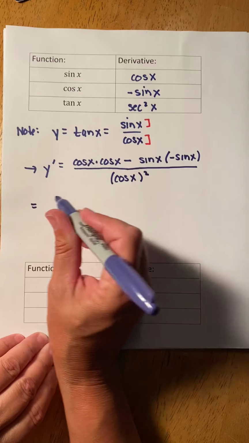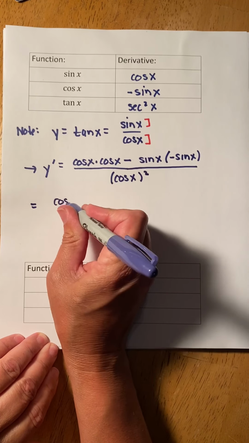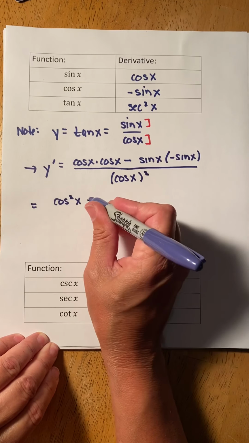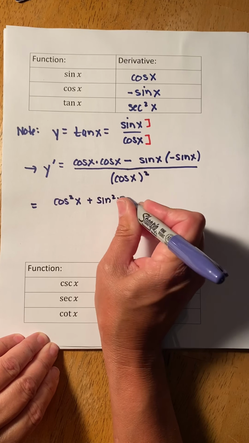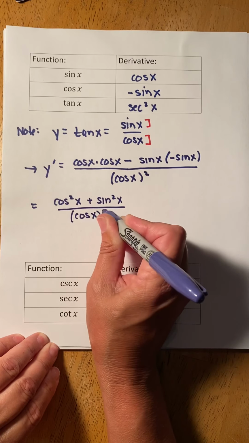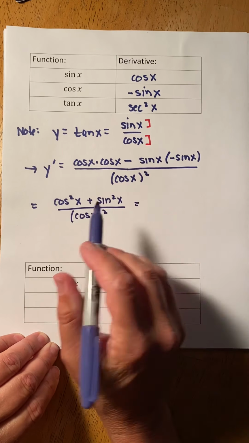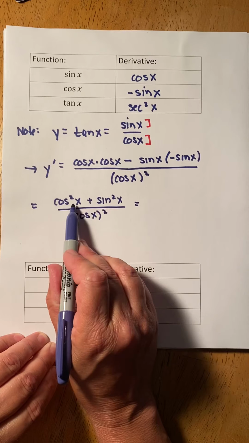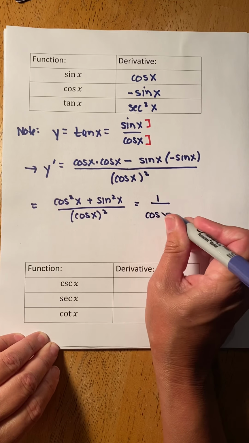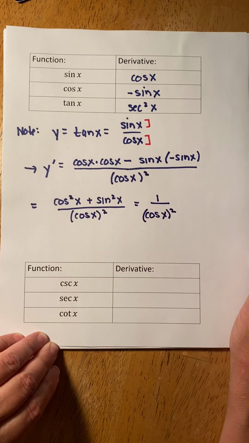All right, well, let's clean this up. Cosine times cosine is cosine squared, minus sine times negative sine will be plus sine squared, all over cosine of x squared. But cosine squared plus sine squared is 1, so we get 1 over the cosine of x squared.